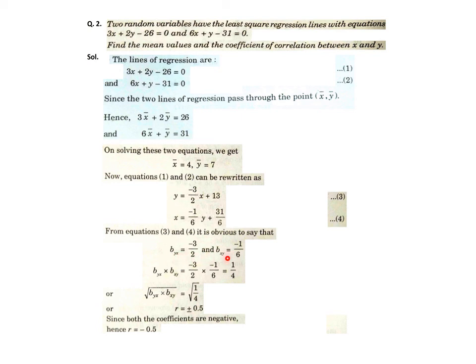Then the values of byx and bxy can be revised as per that change of assumption, and if there is one failure on one side, it will surely be a successful result of r on the reverse side. So that is about remembering these important facts for regression. So it's all about important problems regarding lines of regression or linear regression.